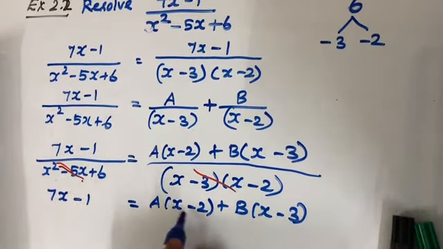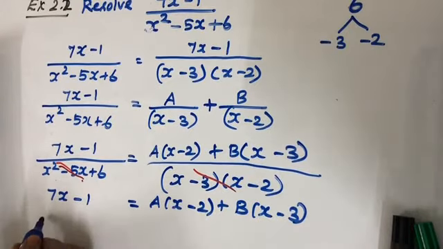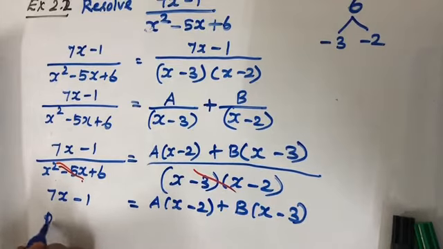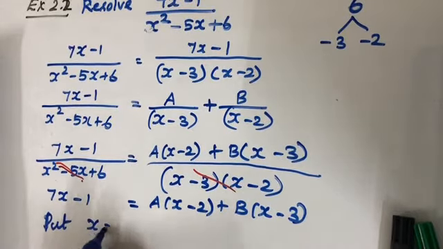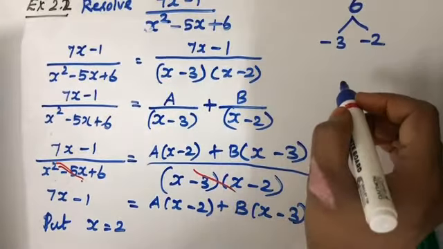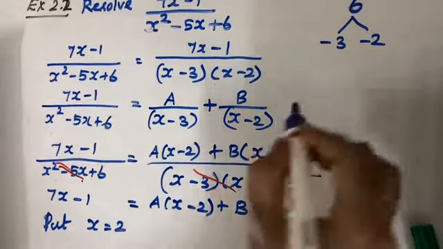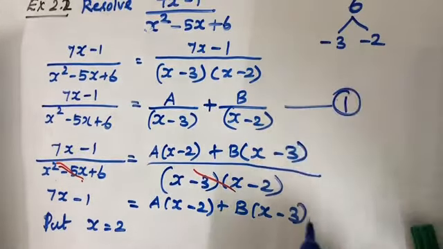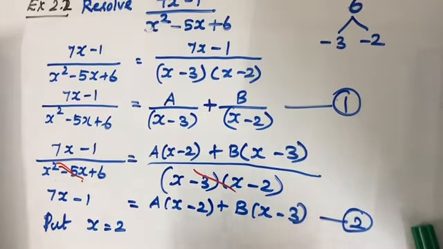So first, here x minus 2 is there. So put x is equal to 2. I will take this equation as 1 and this equation as 2. So put x is equal to 2 in equation 2.